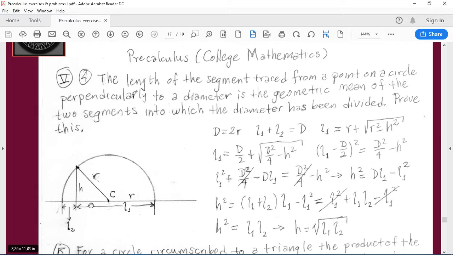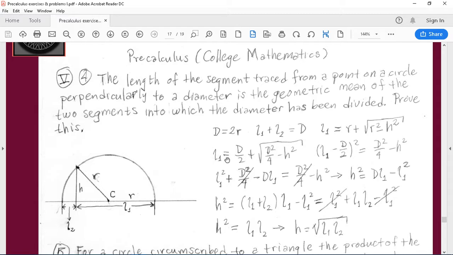That means that this segment here is equal to the square root of r squared minus h squared. This is the application of the Pythagorean theorem. So L1 equals r plus the square root of r squared minus h squared. So we have that L1 equals d halves plus the square root of d squared fourths minus h squared.